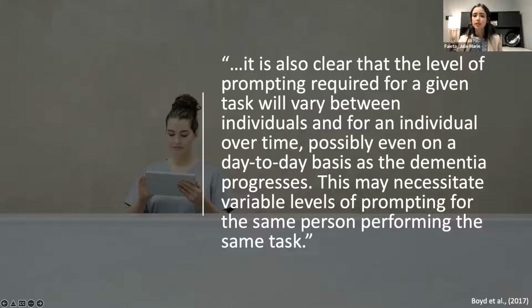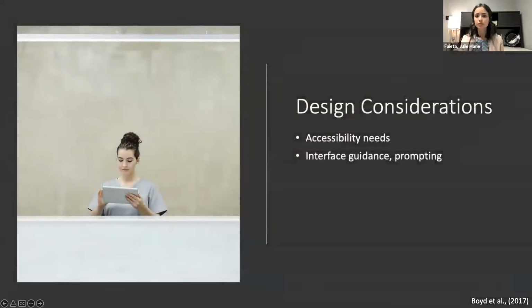This might necessitate variable levels of prompting for the same person performing the same task. I say this because if you're ever designing for someone with dementia or a dementia caregiver, it's important to acknowledge that needs can fluctuate not just between people, but also within the person due to a progressive disease. So building in flexibility or customizability can be important in mHealth design for dementia or cognitively impaired populations.